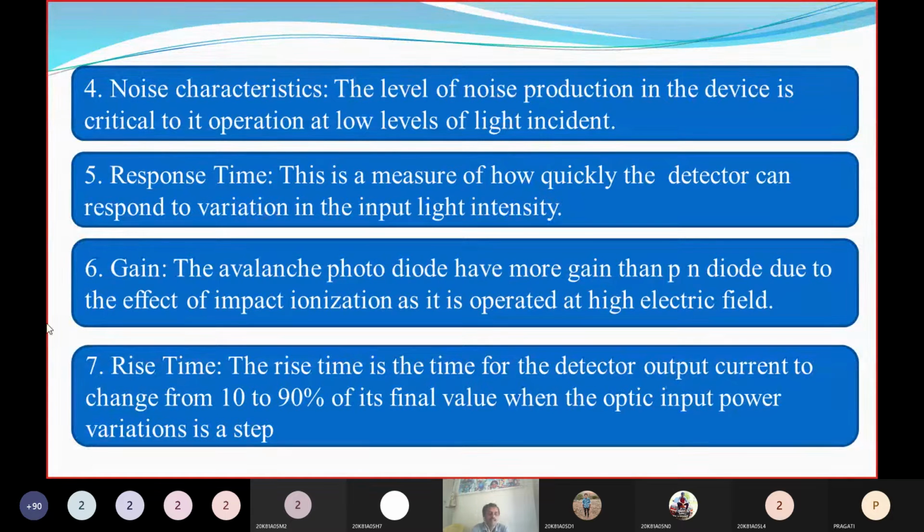After changing the input power, the time the output takes to go from 10 to 90% is what we call the rise time. If the rise time is small, the photodetector works very accurately.